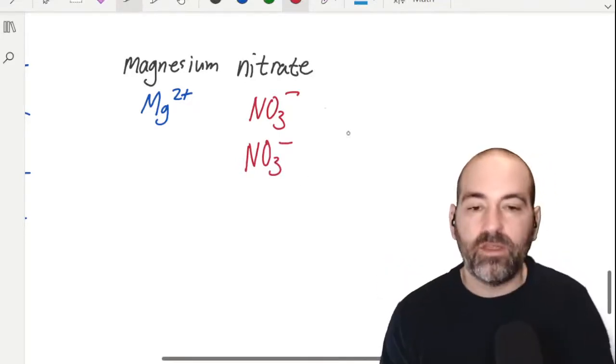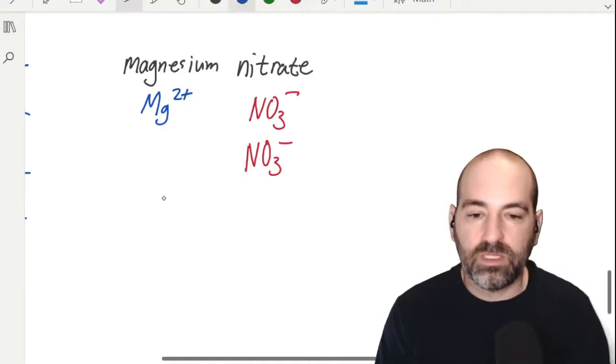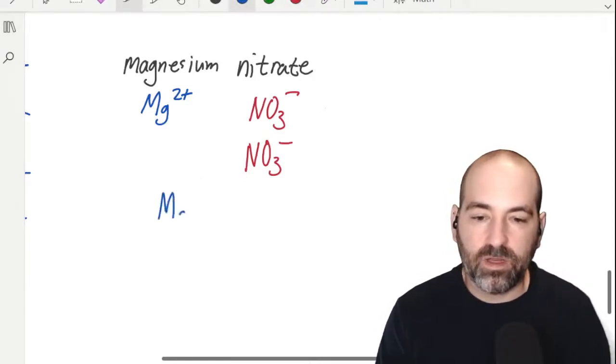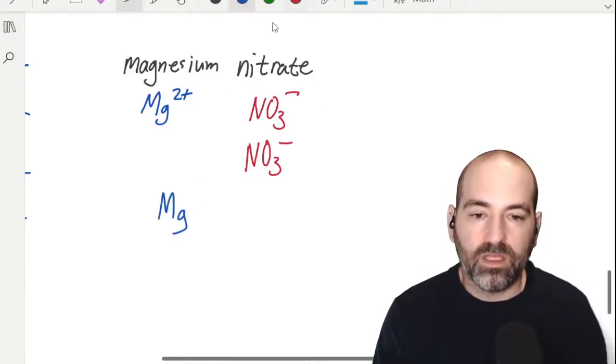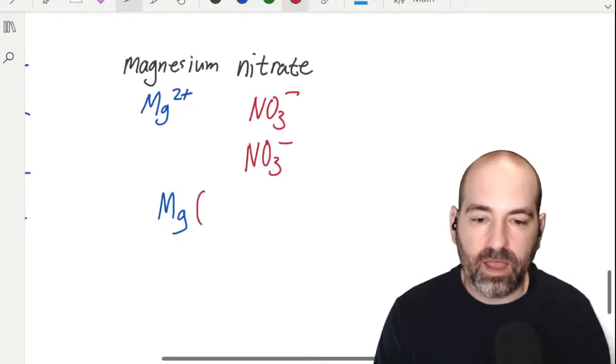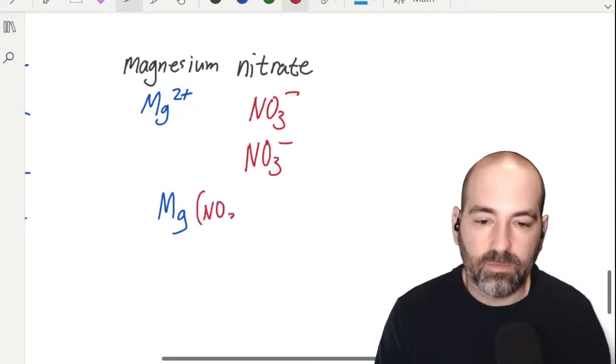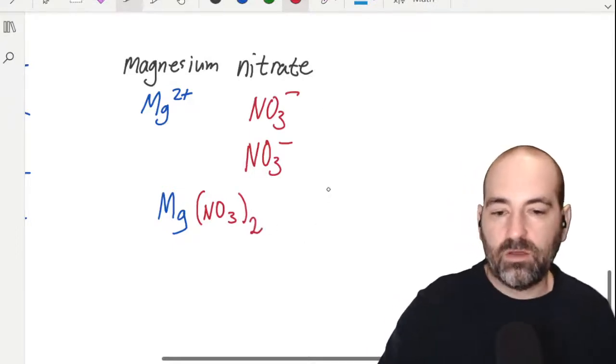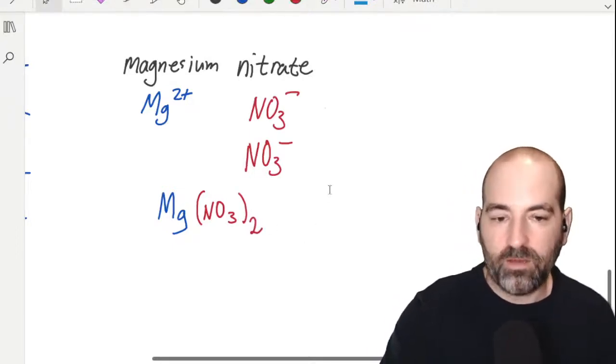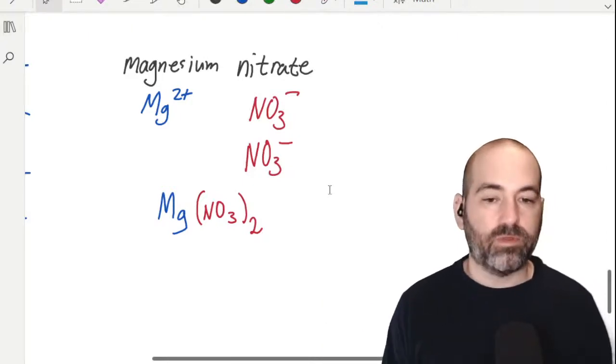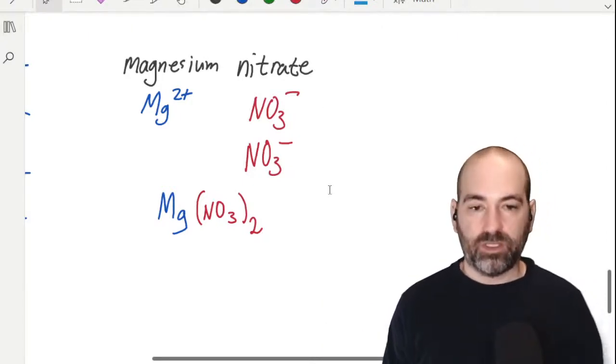And then the way we write this formula when we're dealing with these polyatomic ions, just to avoid confusion, is we use parentheses around the ion. So Mg(NO3)2. And that's what the final formula should look like for magnesium nitrate.